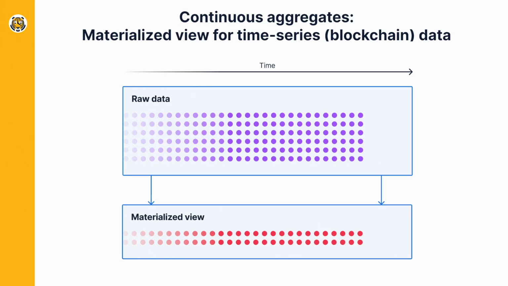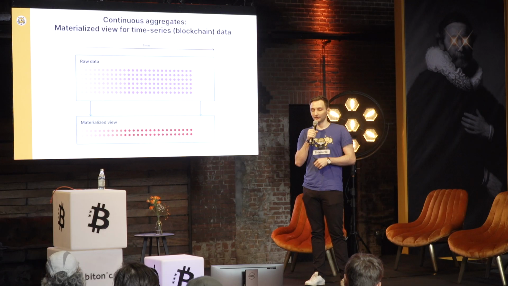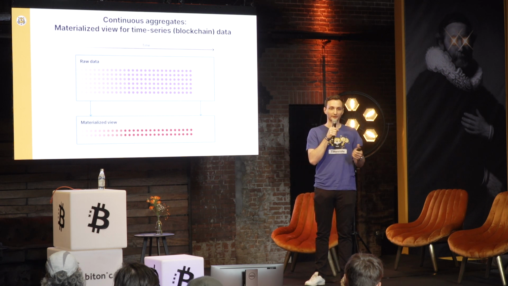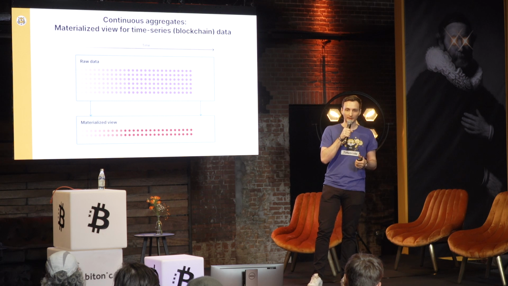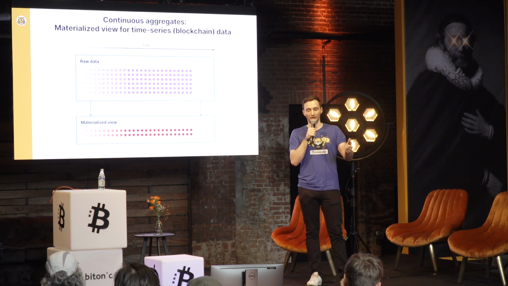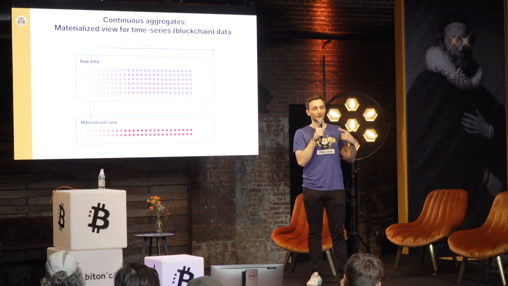And let's see how it works. So as I mentioned before, continuous aggregates are very similar to materialized views. The difference is that it supports real-time data. Unlike with regular materialized views, where you need to refresh the view all the time to keep the data up to date, with continuous aggregates, you can get access to real-time data, even if you don't refresh it all the time.